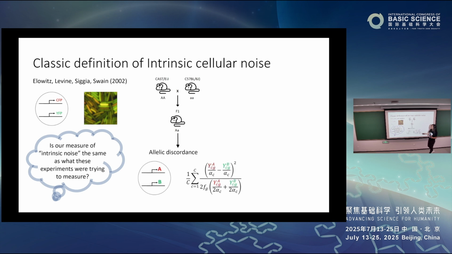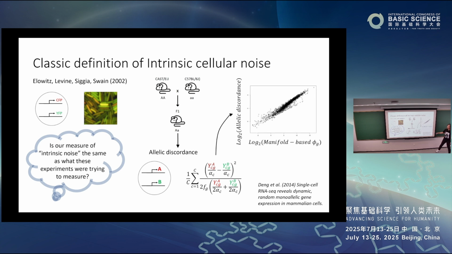Then what you can do is mimic through this system that bacteria experiment where you have two alleles of the same gene. And then we can conduct single-cell RNA sequencing on this F1 cross of mice and take the difference between these two alleles, and that is our single-cell mimicking of that classic experiment.